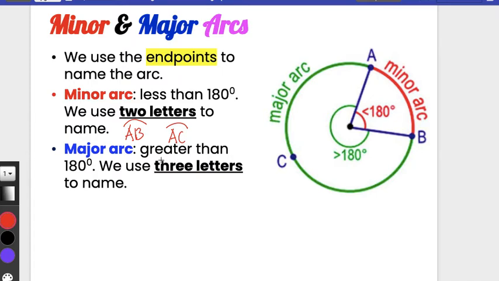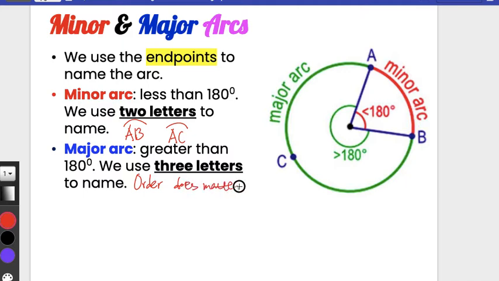For a major arc, we compare to half the circle. If it is greater, wider than half of the circle, then it is called a major arc, and we always use three letters to name it. But one thing I want to remind you, order does matter. What does that mean?